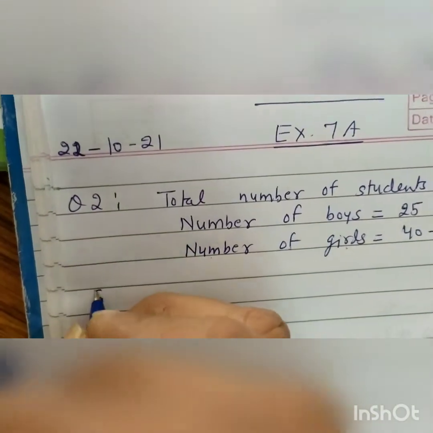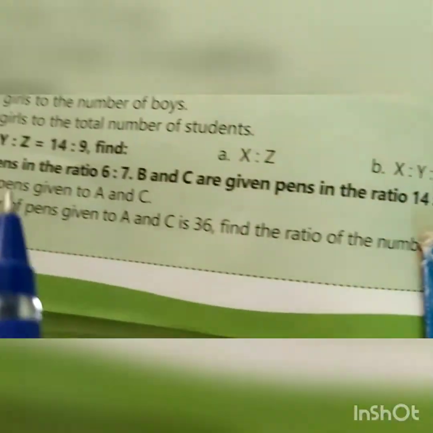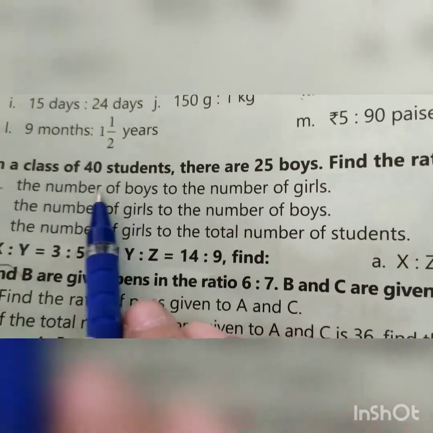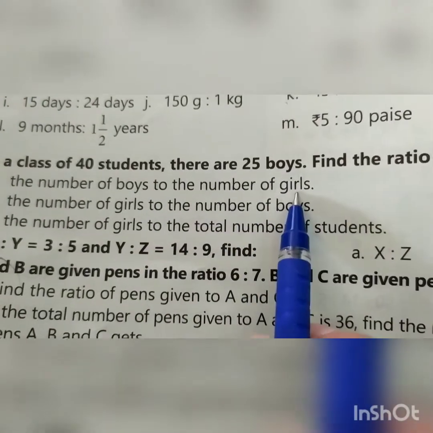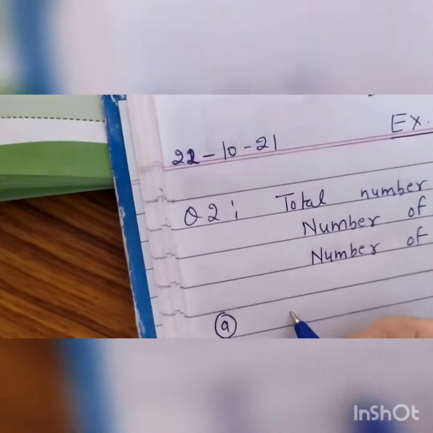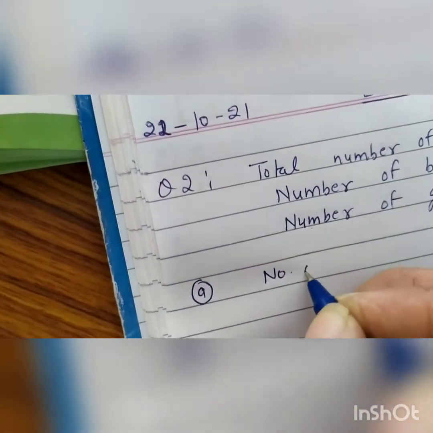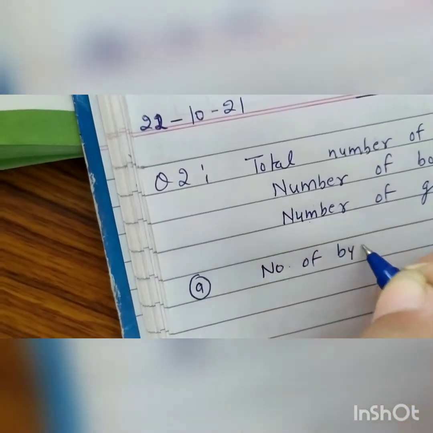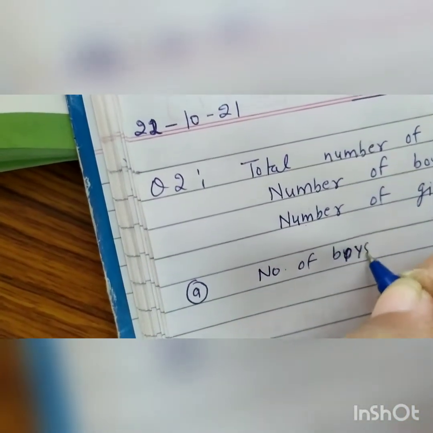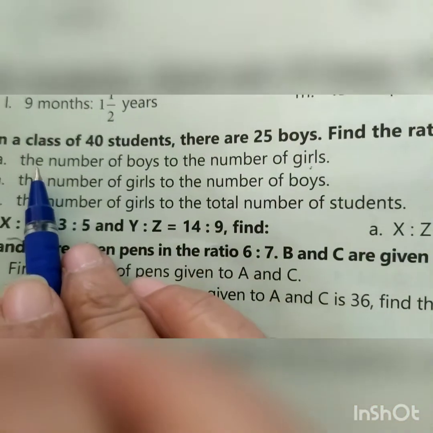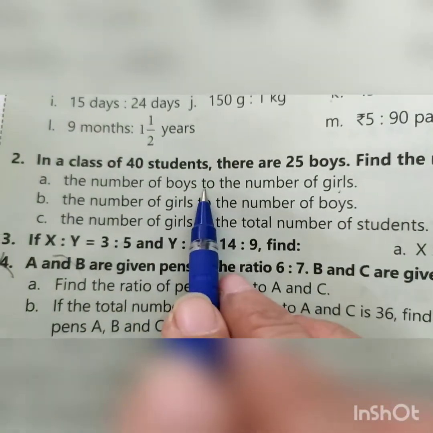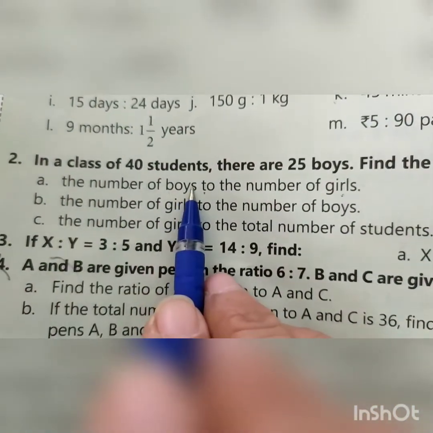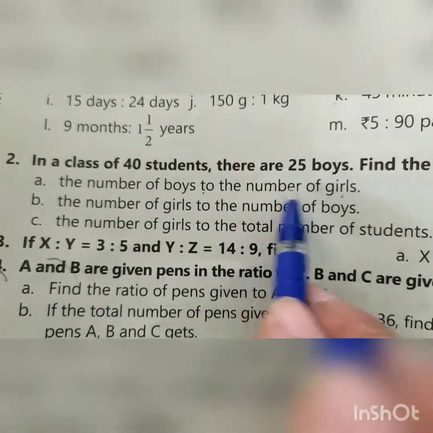Now in A part, we have to find the ratio of the number of boys to the number of girls. So we will write here number of boys. What is written first? First is written number of boys. So we will write number of boys in the numerator and number of girls in the denominator.